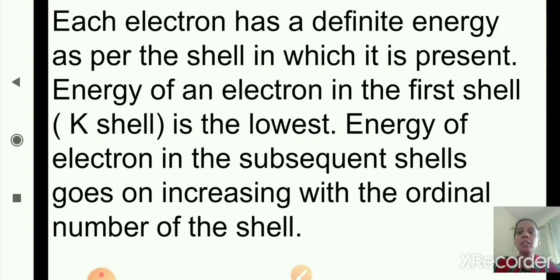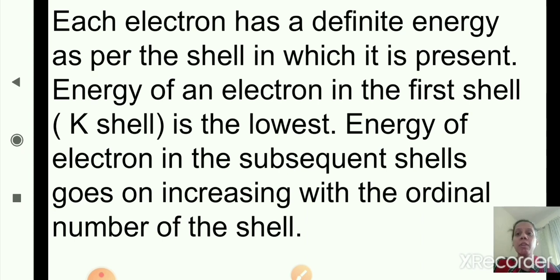Each electron has a definite energy as per the shell in which it is present. The shell closest to the nucleus, that is K shell, has the lowest energy, and the shell farther away from the nucleus, the outermost shell, has the highest energy.